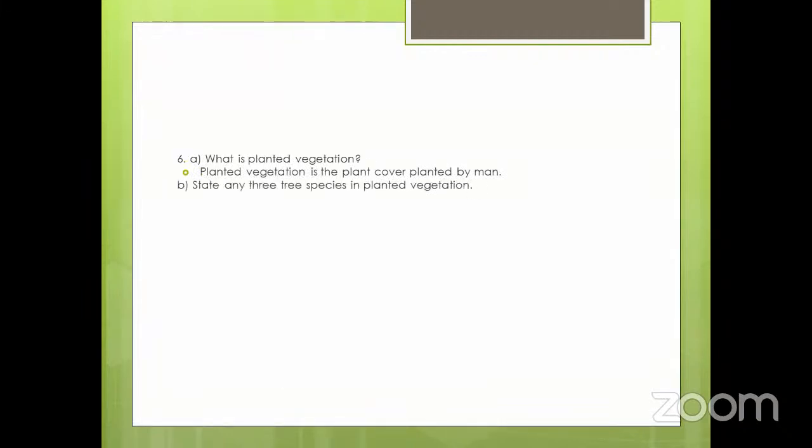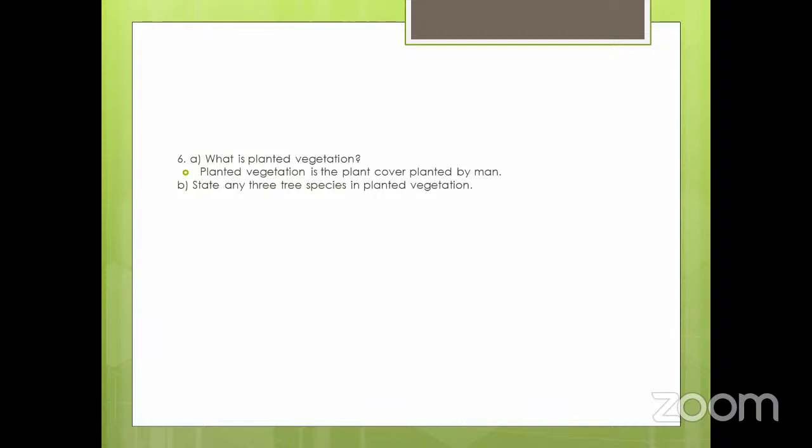We go to number 6B. I need one person to read for us. I see Joseph. Joseph, please, we want to hear your voice. Okay, Ruth, your hand is still up.